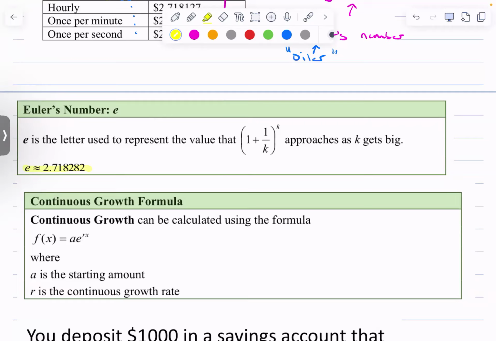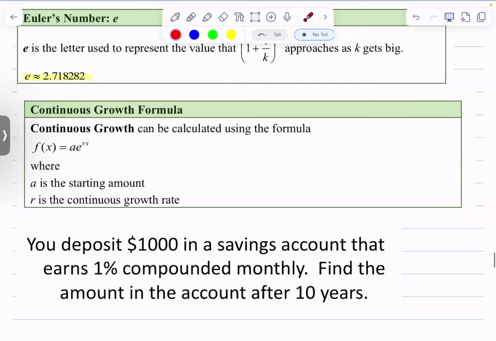It's just letting K approach infinity in 1 plus 1 over K to the power of K. Bringing me to the continuous growth formula. Continuous growth is going to have a very similar form to what we have been seeing, except that now we do a little switcheroo.